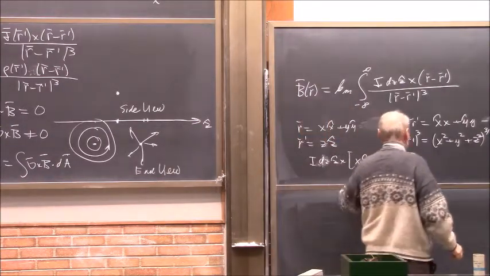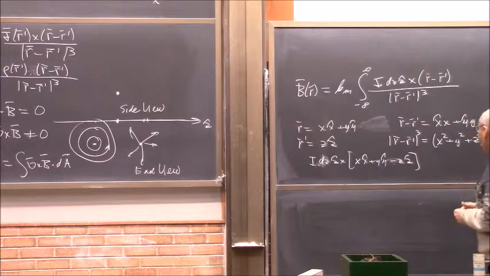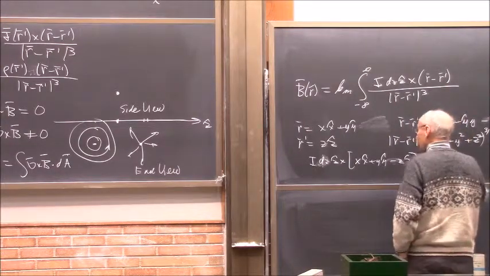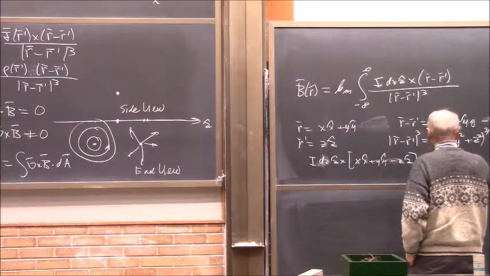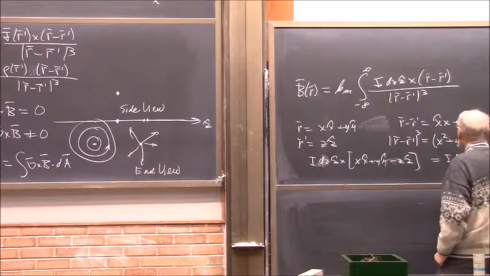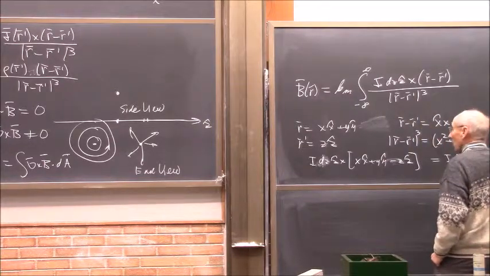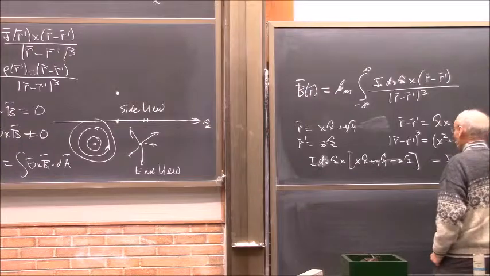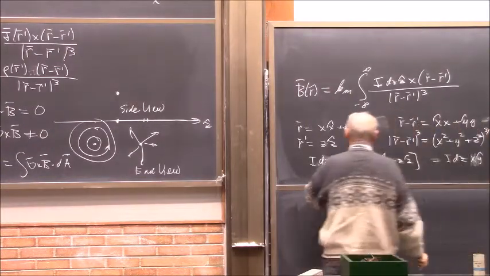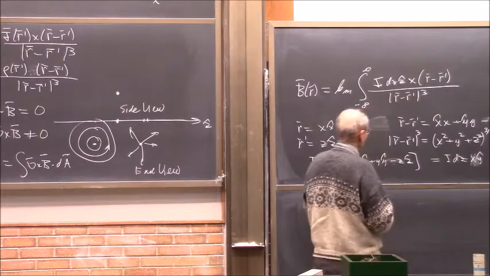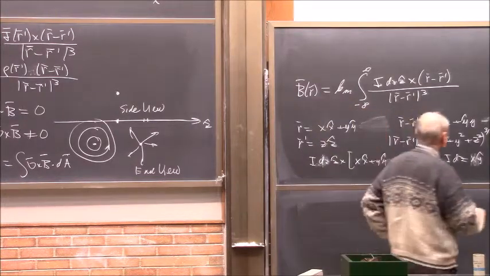Z hat cross x hat: z cross x is y. So you get I dz times x y hat. And then we got z cross y. Z cross y is minus x.